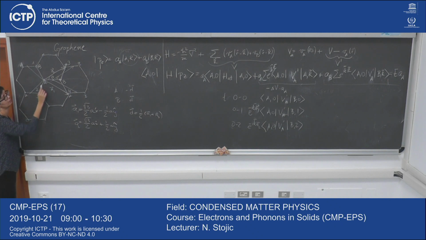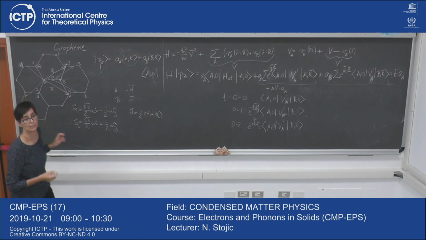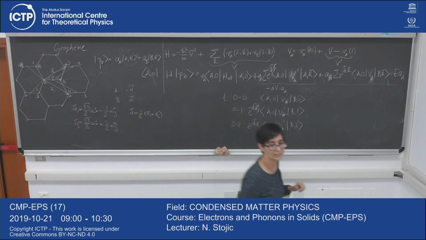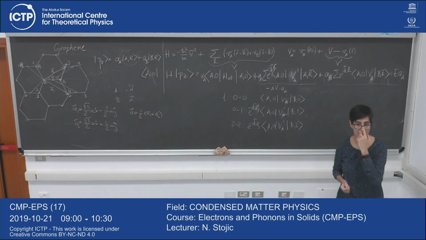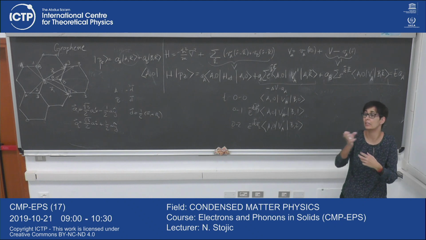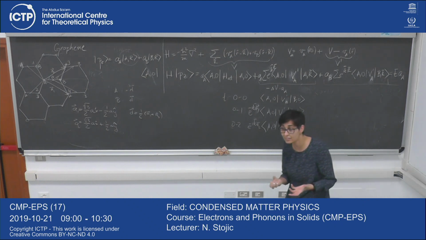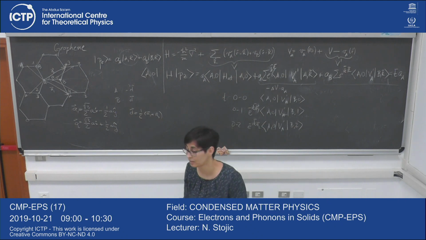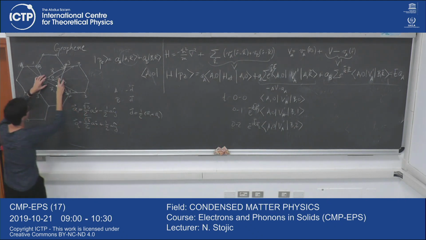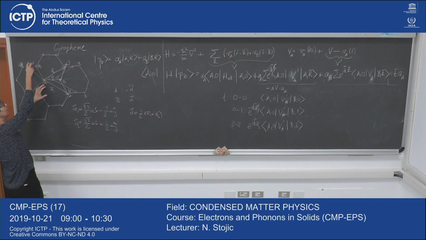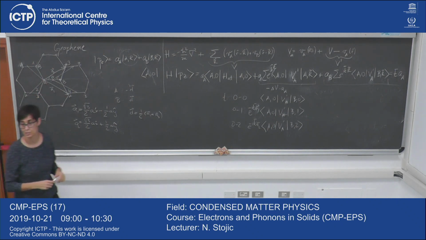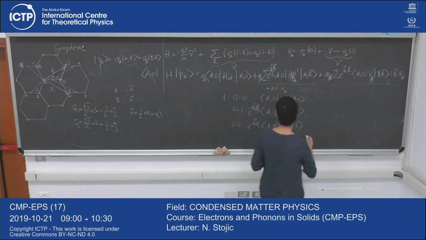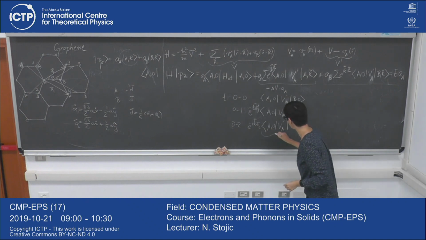What can you tell about these 3 integrals? It is always the same. I keep rotating it, but it's the same strength of the interaction. I just rotate by 120, I get the same one. And I call them T.